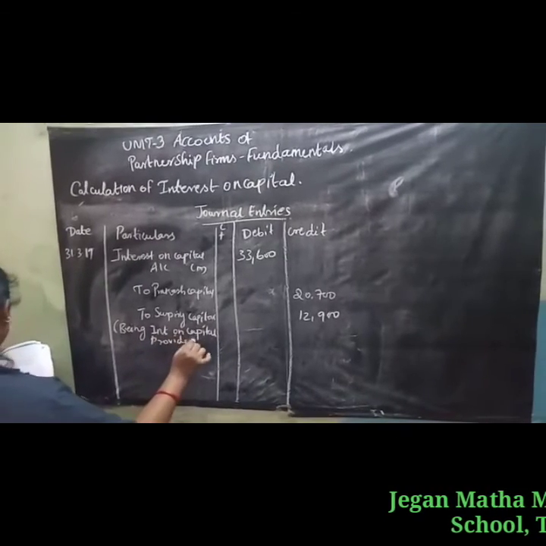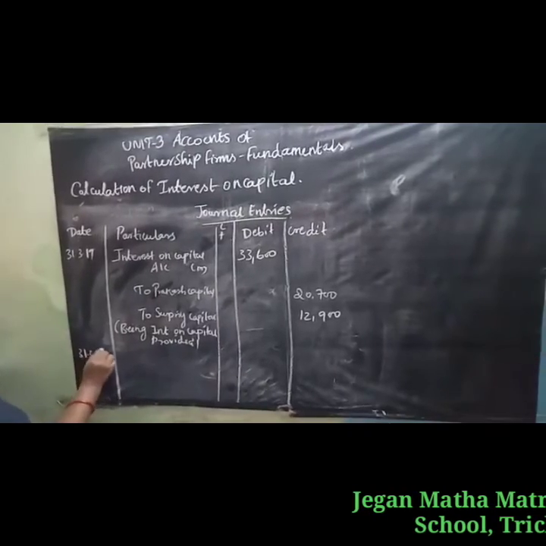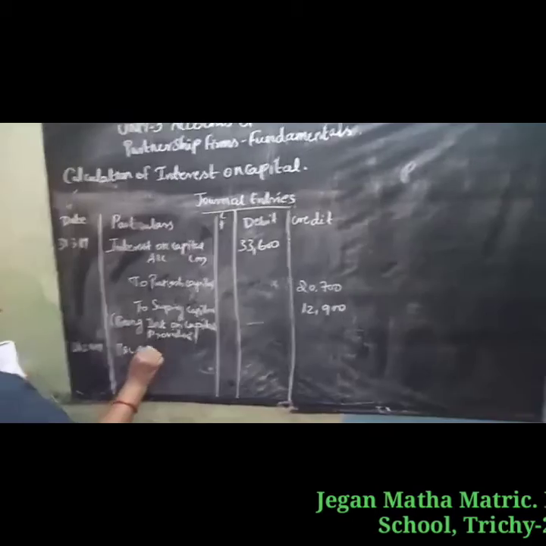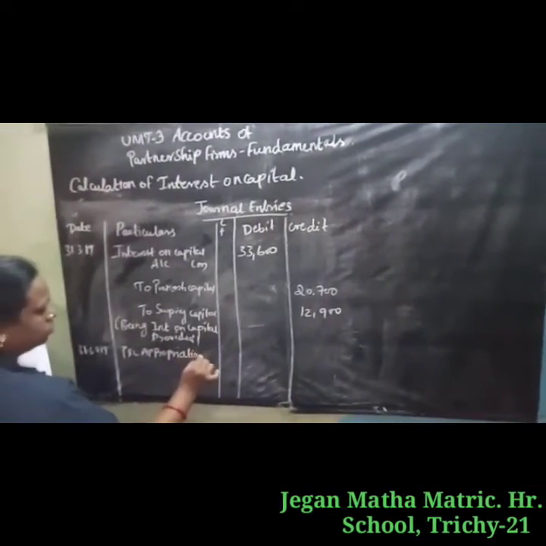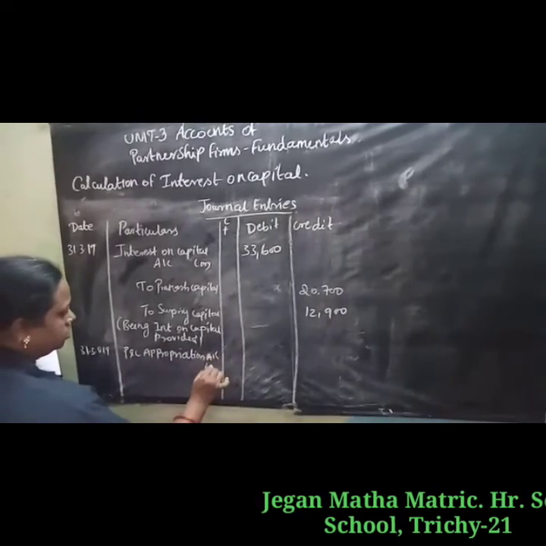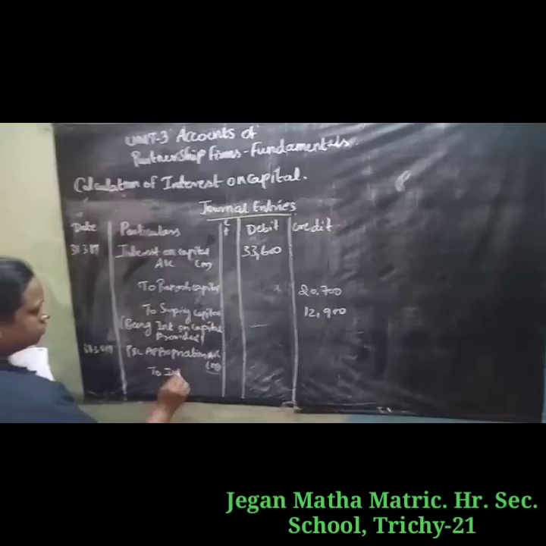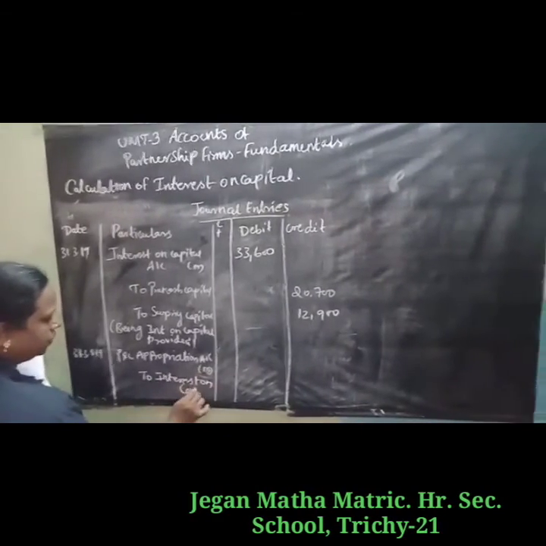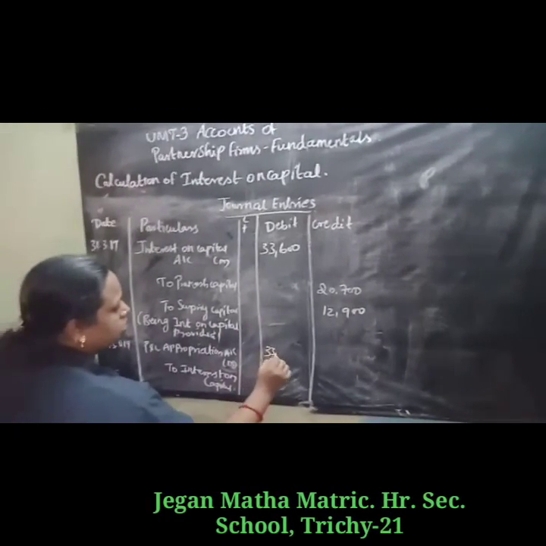Next we have to write the transfer entry. So 31st 3/2019, profit and loss appropriation account debit, to interest on capital 33,600.